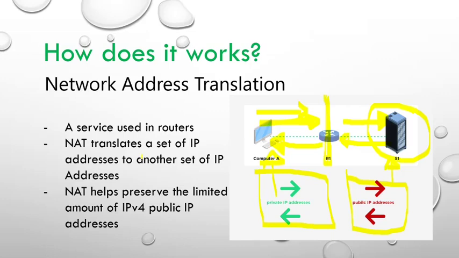Okay, but how does NAT help preserve the limited amount of IPv4 public addresses? Take note, your computer A does not use a specific public IP address, but it uses a private IP address.